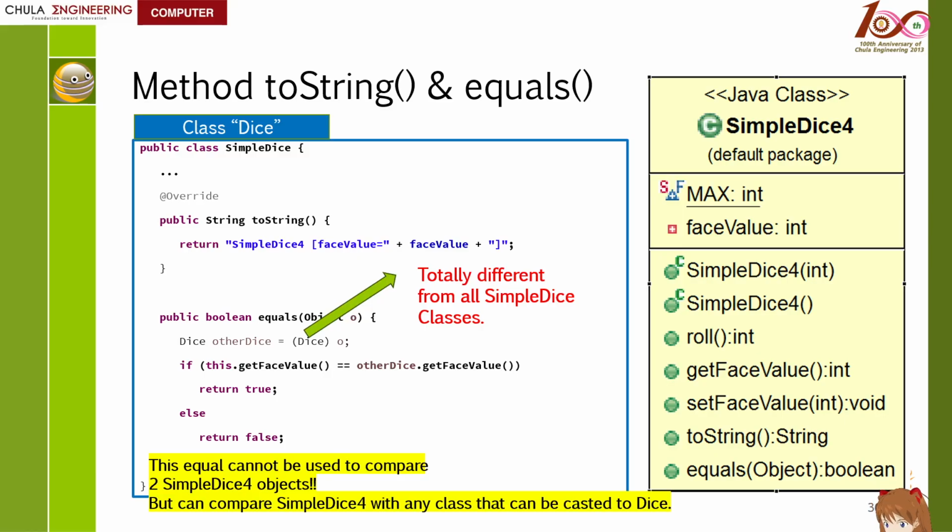So equals for SimpleDice4 in the example won't compare a SimpleDice4 object with another SimpleDice4 object, which I think is a bit strange.